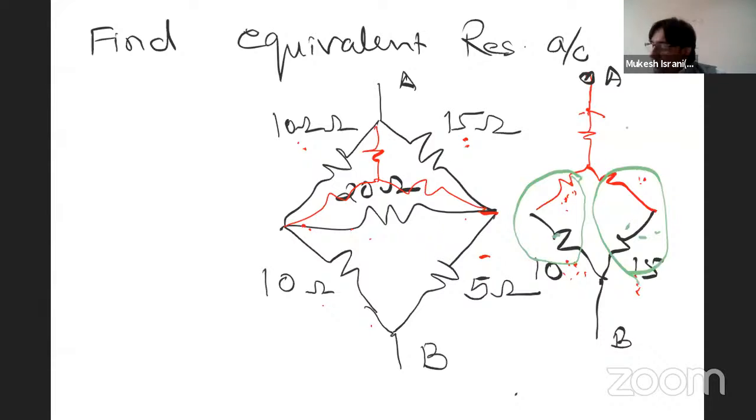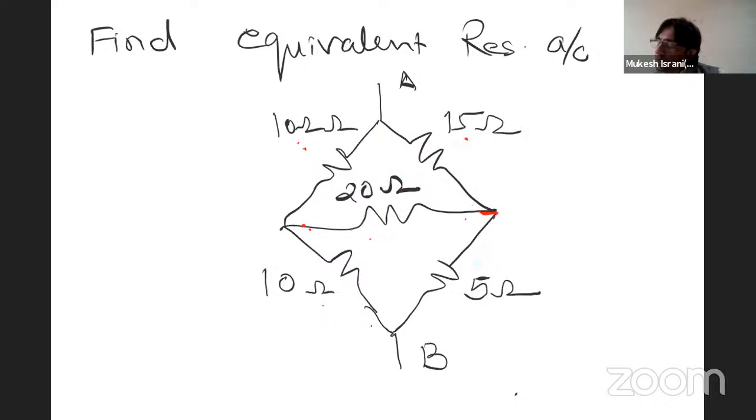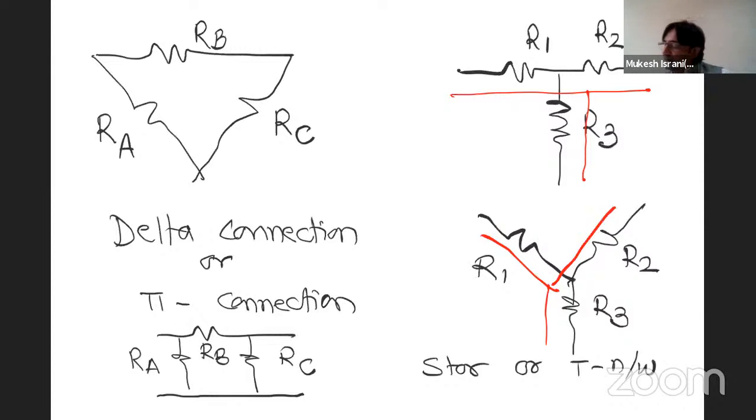Is that okay? So in sums like this, where we don't have any resistance in series or parallel to go ahead, what we need to do is convert one of the delta to star, or in some other diagrams convert one of the star to delta, and solve.